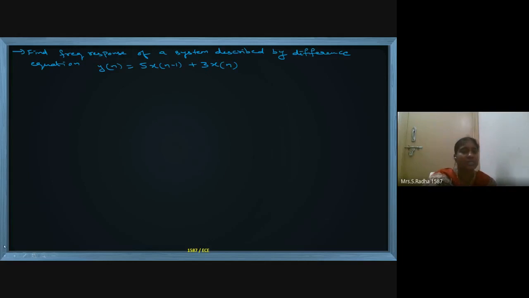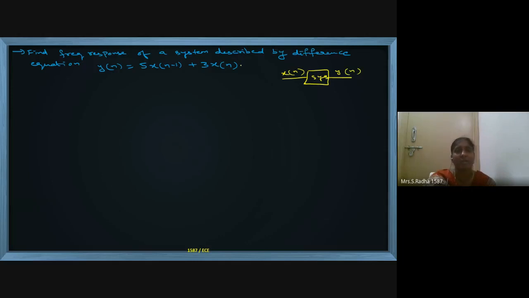Okay, this is the system. Input and output are related by this equation. X of n and y of n are related by the equation. We are supposed to find the frequency response.